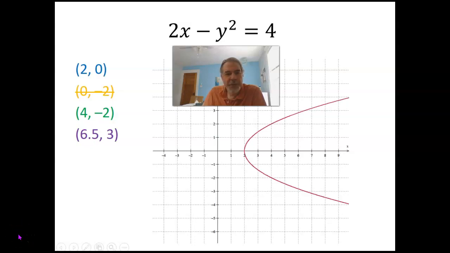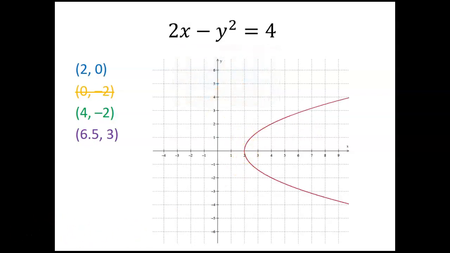Let's talk about some things to watch out for when you're looking at the graph of an equation. Here we see the first equation we were looking at in the previous video. This is the graph of 2x minus y squared equals 4. One thing I notice about this graph is that it is symmetrical.